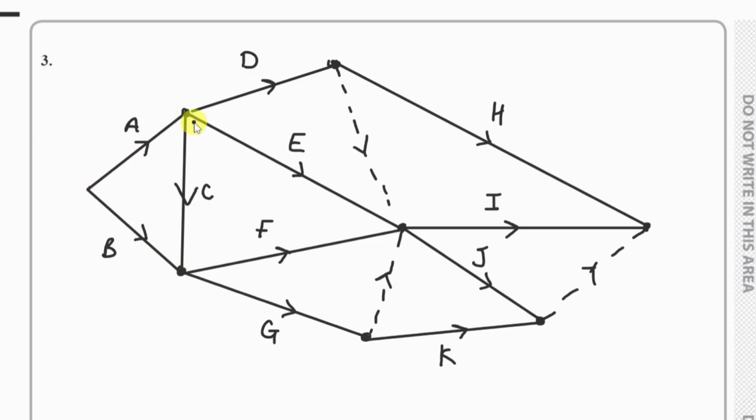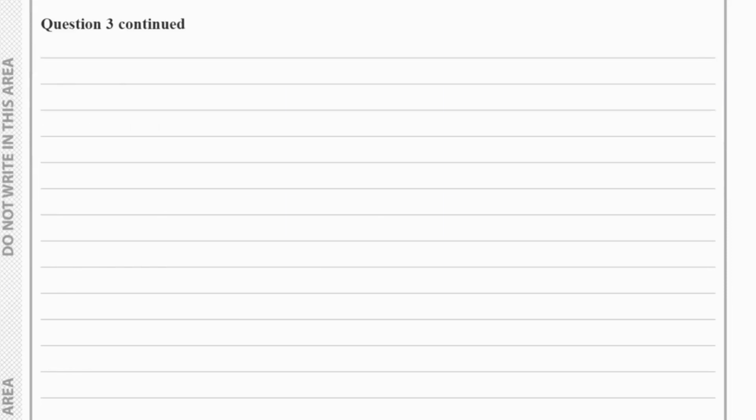So if this is duration 1, then this is another duration 1, so that's duration 2. So the earliest F and G can start is at 2, because I need A and C to have finished. But B only takes 1, so therefore it can't be critical. There's going to be some float time in there. That is why B cannot be critical.